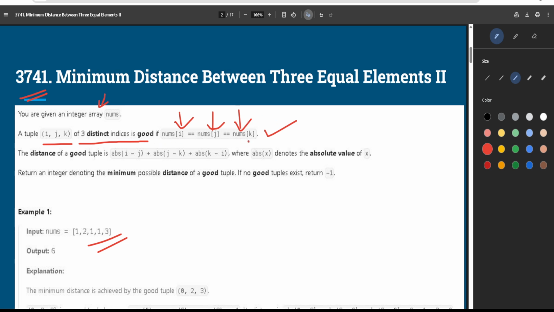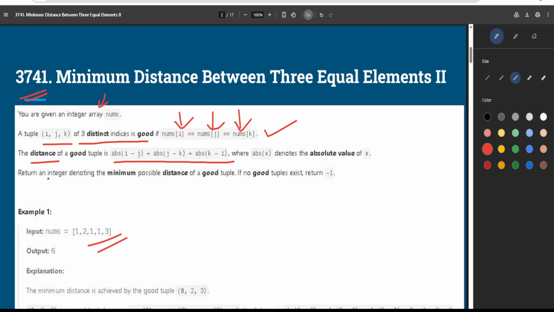If all the values are equal, we have to find a distance. The distance is |i minus j| plus |j minus k| plus |k minus i|. If you sum these, you get the absolute value, and that is the distance.